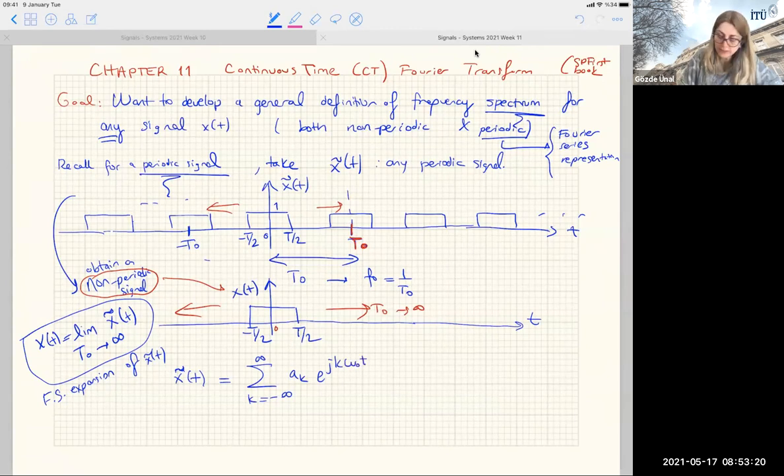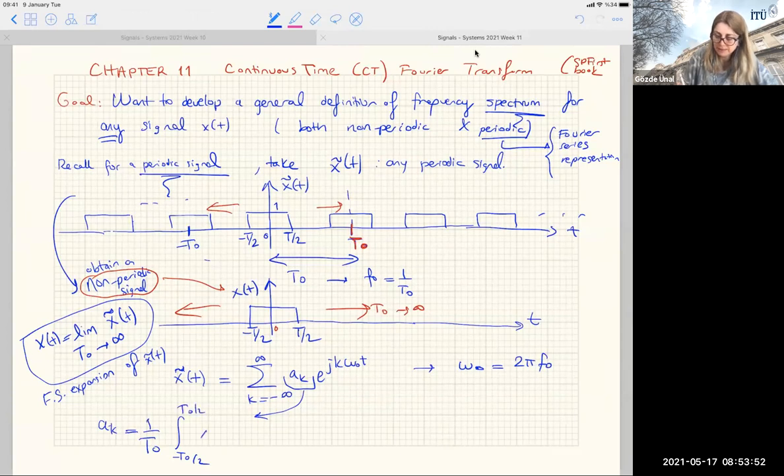Where ω0 is 2π f0, the fundamental frequency. This is the normalized frequency. So now I know how to find the Fourier series coefficients. a_k is, remember, 1 over T0 over any period range, maybe here from minus T0 over 2 to T0 over 2.